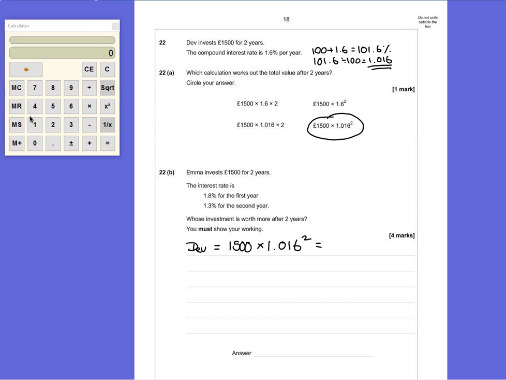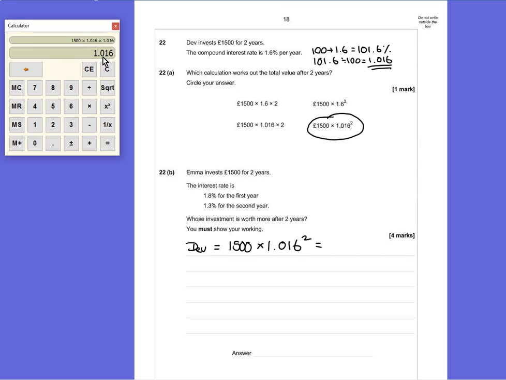Typing this into the calculator, I have 1,500 multiplied by 1.016, and to avoid any confusion, I'm going to multiply by 1.016 again.